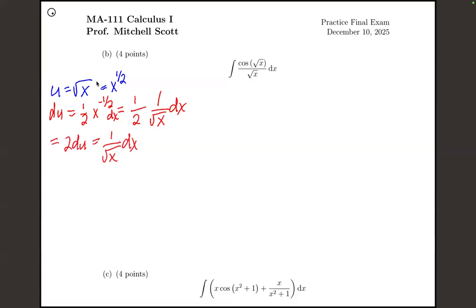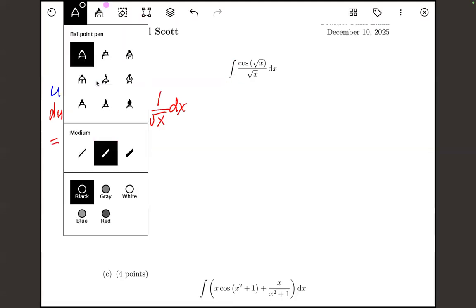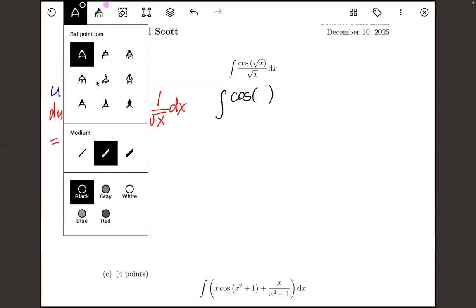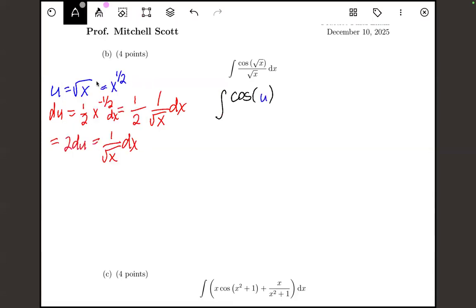And then because this is an indefinite integral, I do not have to worry about changing the bounds. There are no bounds to begin with. So then I'm going to rewrite this. So we have cosine of u du.